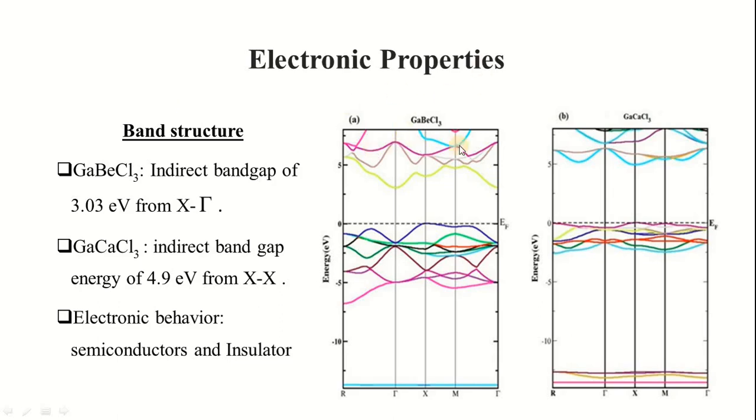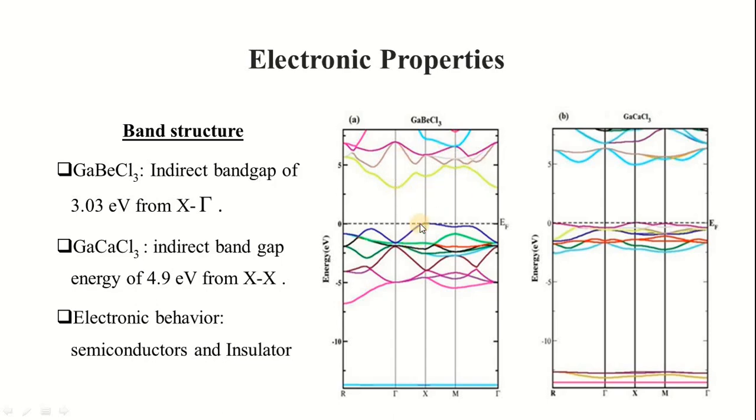If we look at the plot of gallium beryllium trichloride, we have energy on the vertical axis, which is from minus 14 to 8 electron volt, and at 0 electron volt energy we have a horizontal dotted line, which represents the Fermi energy. The bands below the Fermi energy are called the valence band, and the bands above the Fermi energy are called the conduction band.